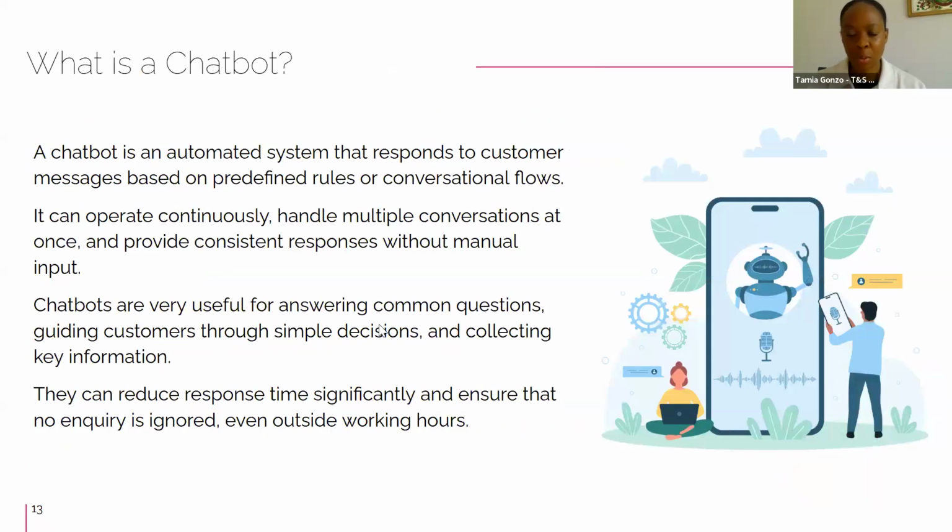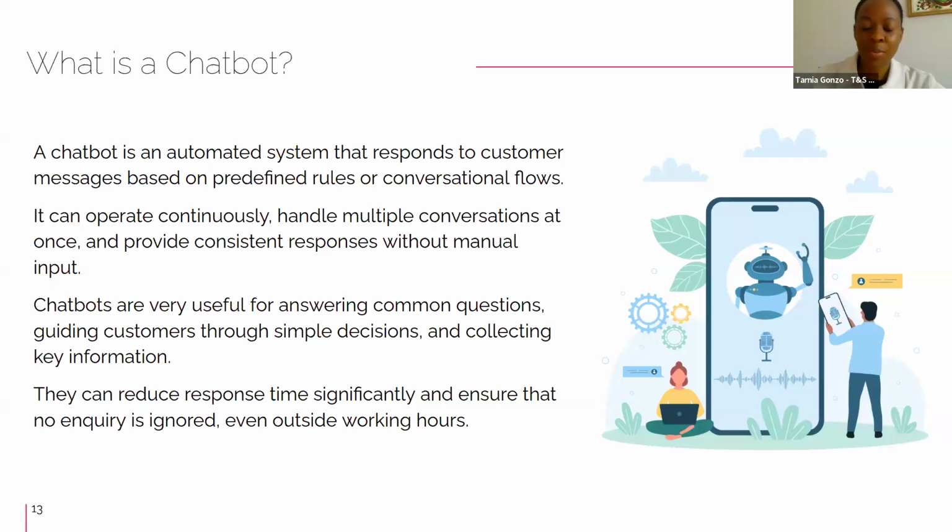So what is a chatbot? This is what we're talking about. A chatbot is an automated system that responds to customer messages without you being there at all. It works based on predefined rules or conversational flows that you have created yourselves, meaning you design how it responds and the responses that it gives are from you.